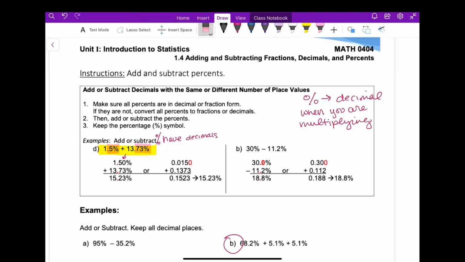The second example that we have here is when both of them don't have decimals. Not only do we add 0 as a placeholder, but we also add the decimal point that is absolutely necessary.